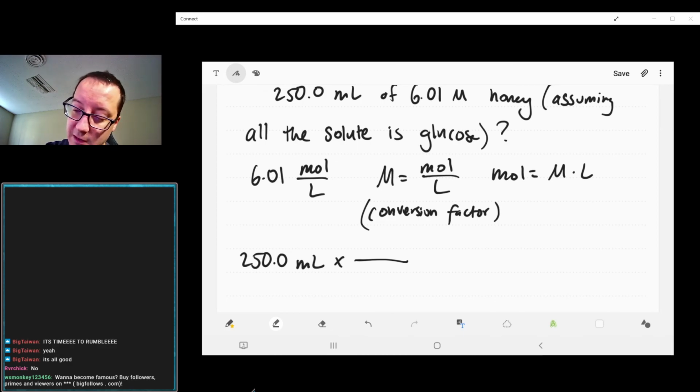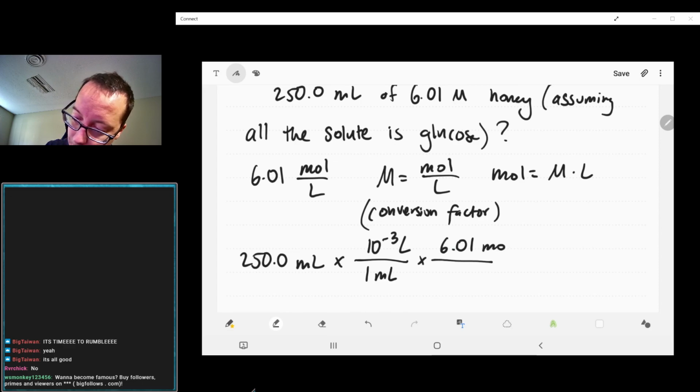So if we're going to do that, we have our conversion factor to go from liters to milliliters. So now we'll be in liters, and now we can use our molarity. That's going to tell us how many moles per liter.